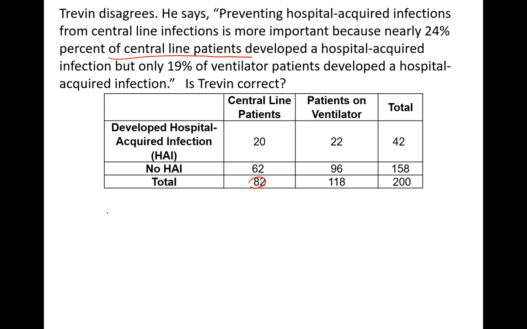In this case, we're comparing that 20 out of 82 got a central line infection. I'm going to multiply by 100 to make it a percent. 20 divided by 82 times 100. That's 24.4%. That's actually a little over 24%.